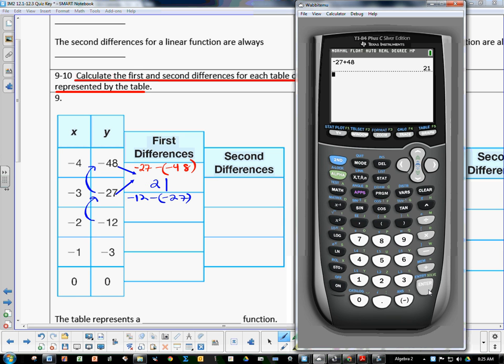What do you think that's going to be? What's that? 15? Okay. Let's do negative 3 minus negative 12. Okay, that's going to be 9. Okay. And 0 minus negative 3.